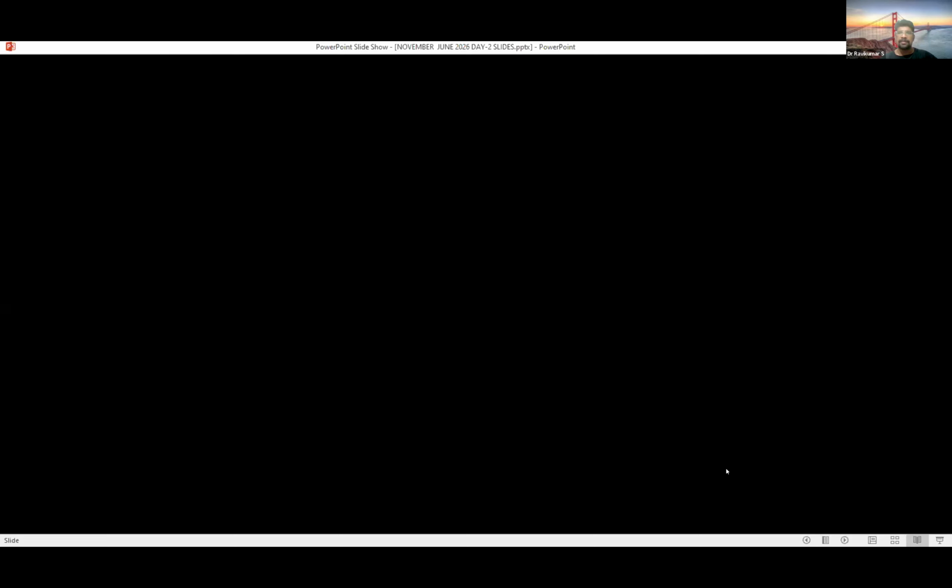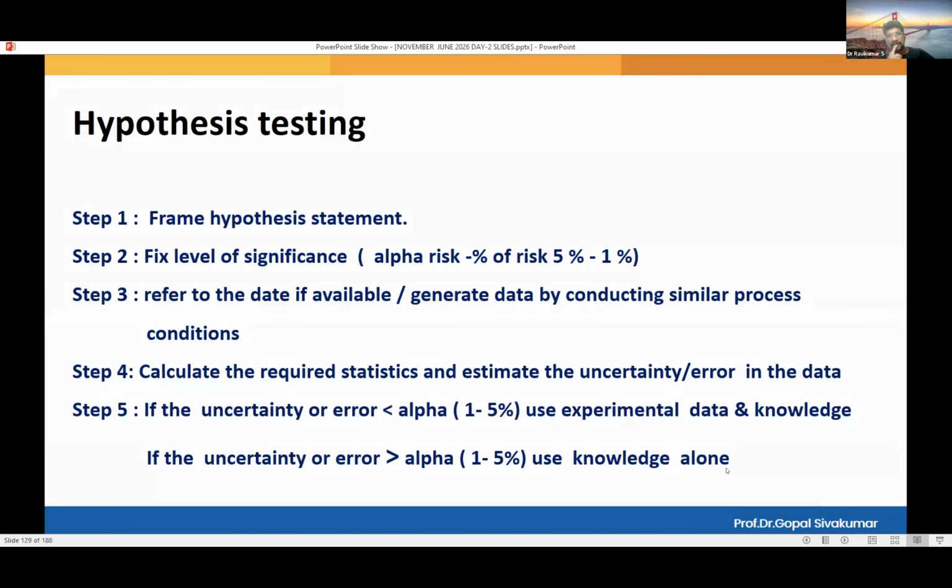Guys, please note it down. If you are able to understand this, it will be easy for you to do any hypothesis testing. There are many types of hypothesis testing, and you'll be able to understand them all. First, you have to frame the hypothesis statement.